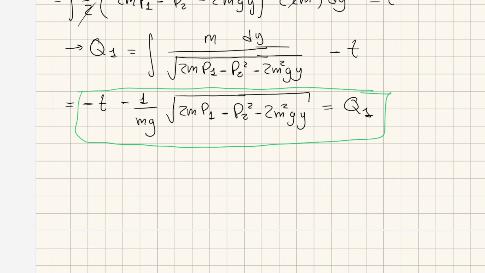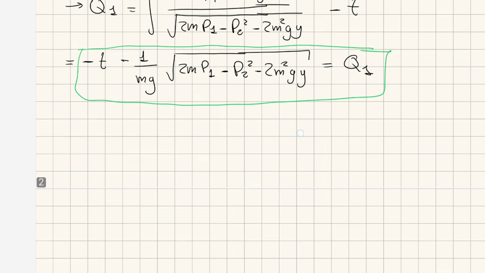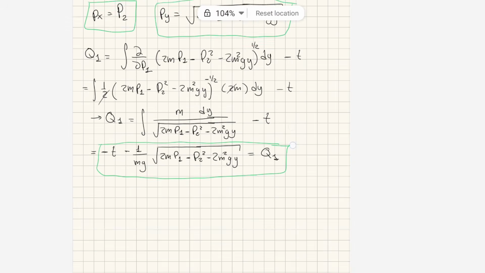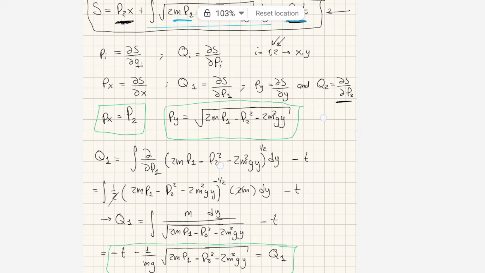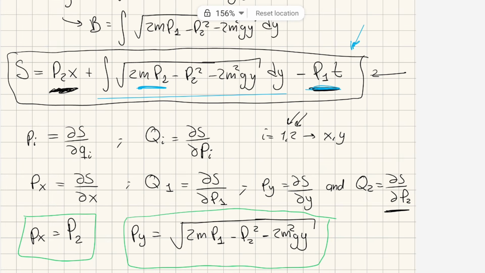Okay, this is q1. So we are going to calculate now q2, which is the partial of s with respect to p2. Something very similar will happen. Here we have an element that depends on p2, so the partial with respect to p2 of this element is going to be x. And then we need to take the partial of everything else with respect to p2.